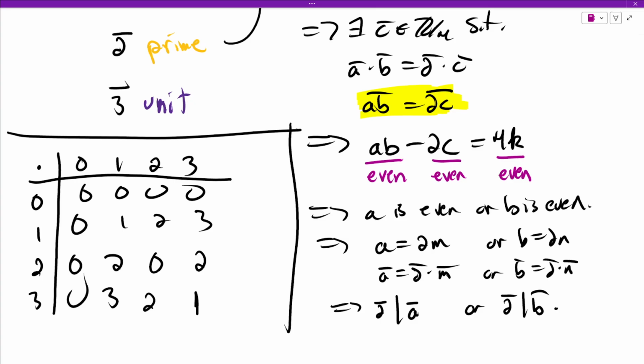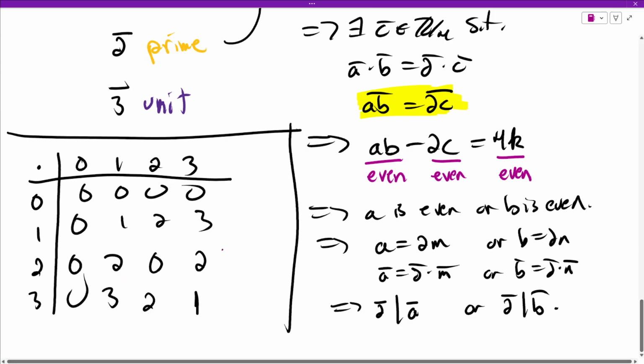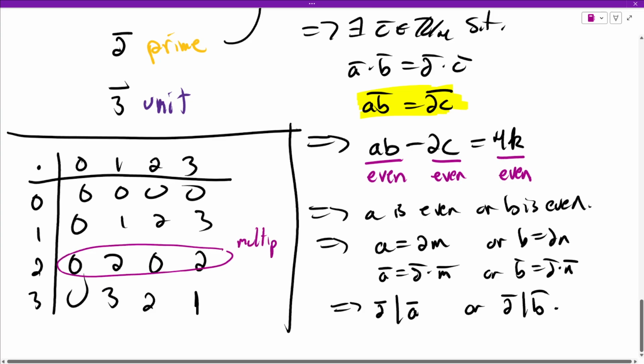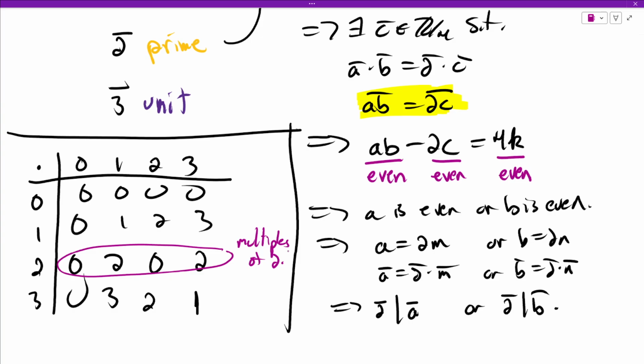And the multiples of 2 are here on either the third row or the third column. So these are our multiples of 2. So for 2 to be a factor of a product, it has to be either 0 or 2, because those are the multiples of 2.